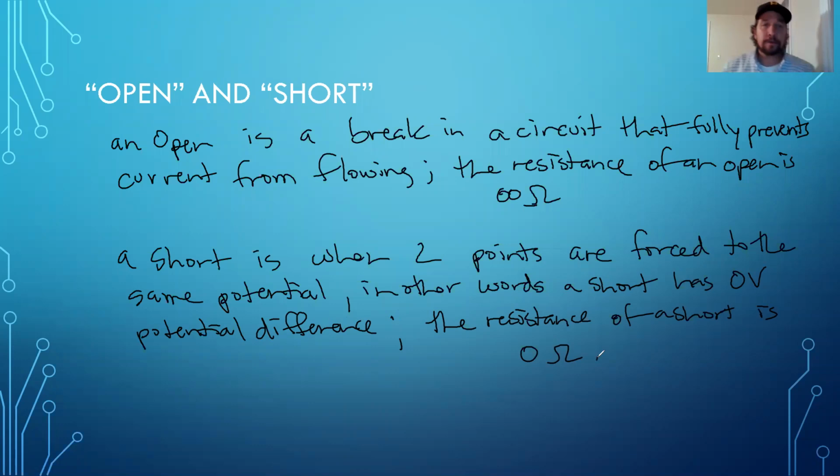So these are two specific aspects that happen in circuits. And when we understand them and what they end up doing in a circuit, it helps us to troubleshoot when we observe problems. Okay.